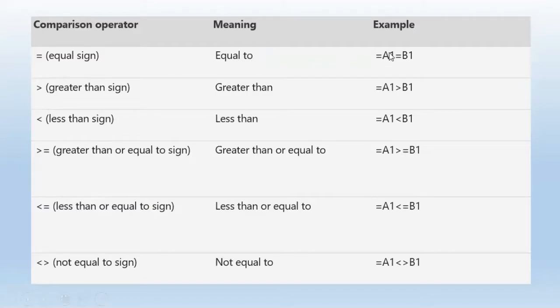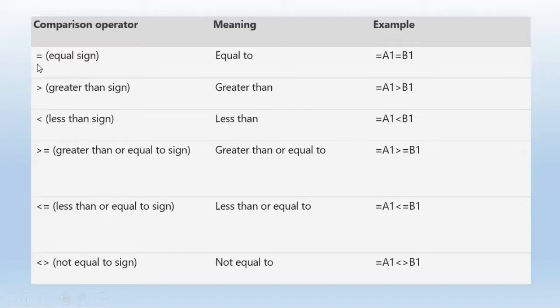If you observe this chart, we have the comparison operators, their meanings and their examples as well. First we have the comparison operator, the equal to sign, which is very important whenever we are putting a formula in MS Excel.